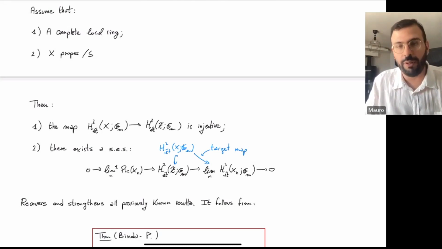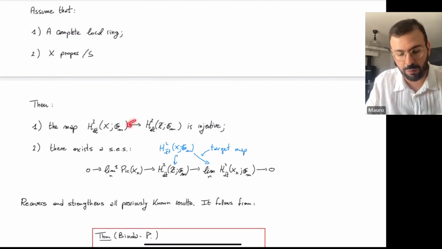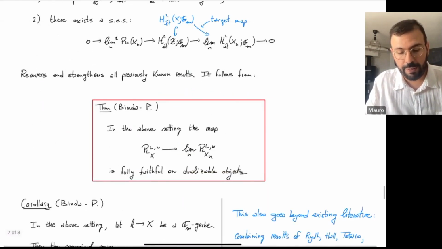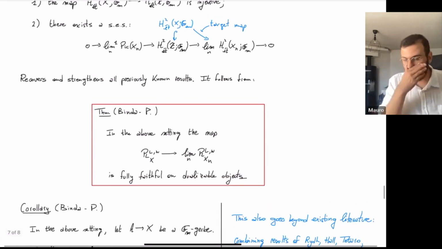And the whole point is, how did we get this result? How do we prove this, in particular, this injectivity, which is the most important part, because the second part is kind of formal, just out of the definition, but this one is non-trivial. And the point is that we prove it by categorifying. And the actual theorem is the following.